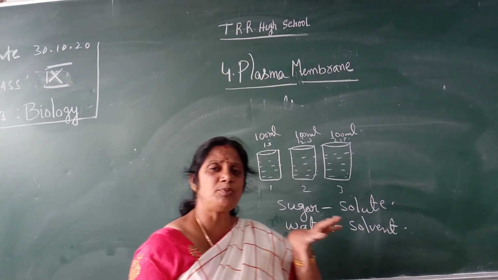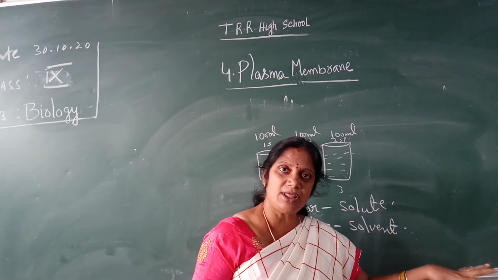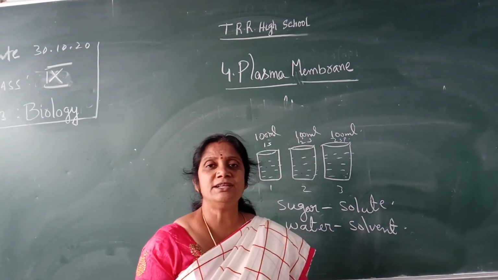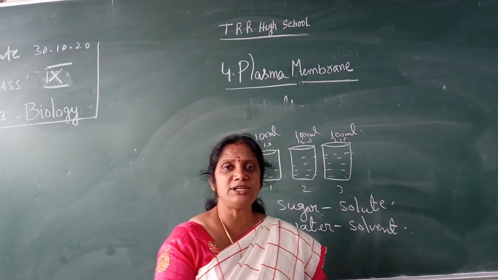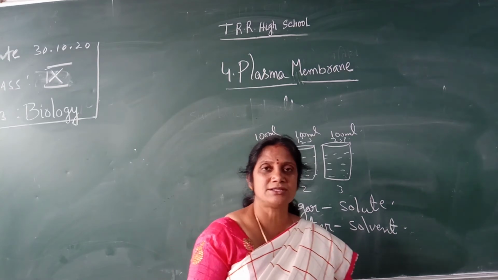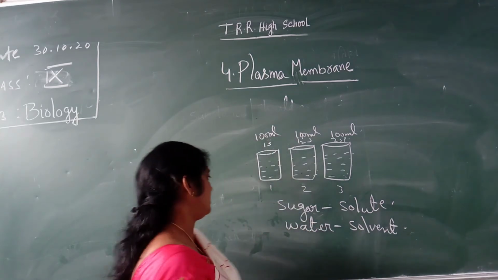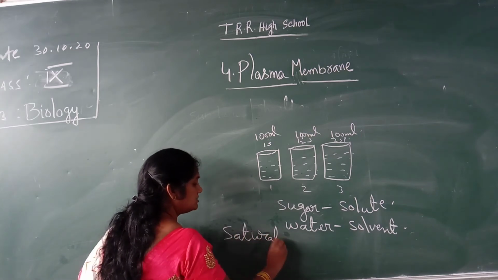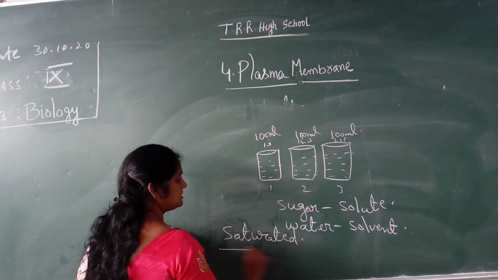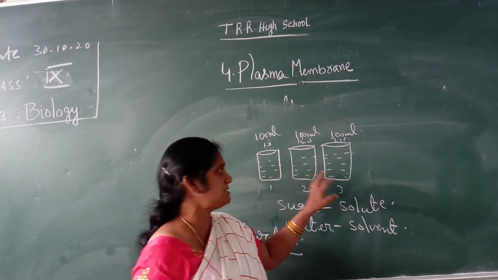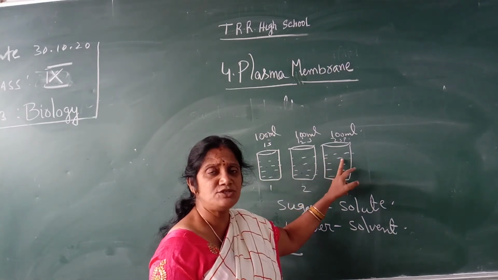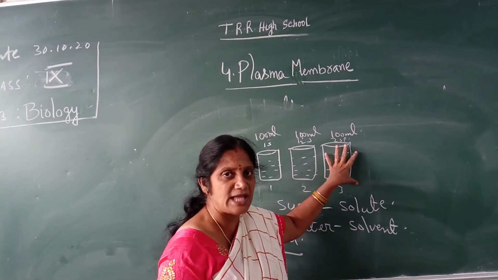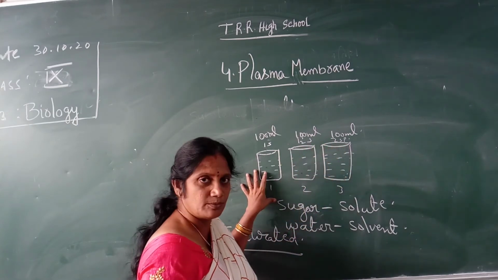If the solute percentage is more in the solvent, then it is called saturated or concentrated. It means it contains more sugar. For example, among these 3 beakers, the third beaker contains more sugar, so it is more saturated than the other 2.